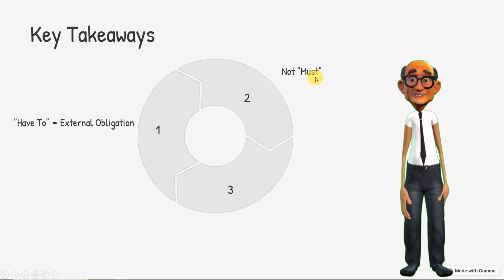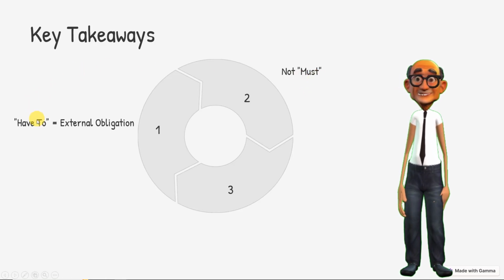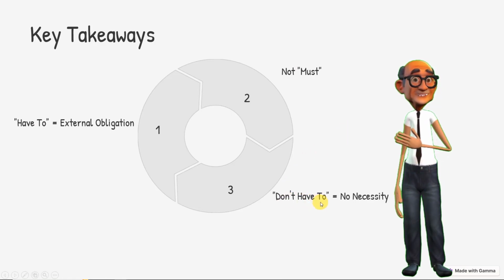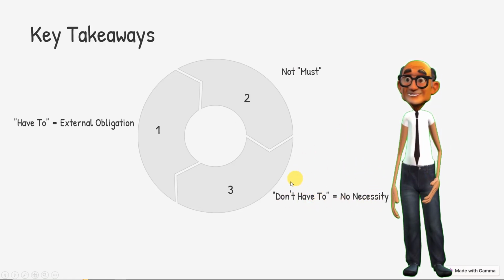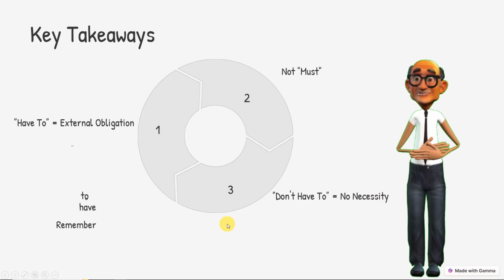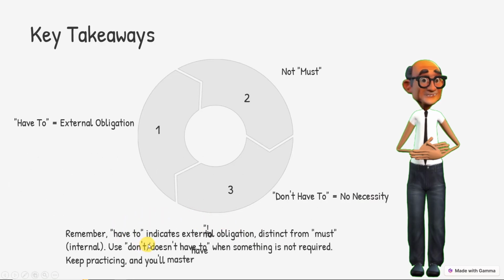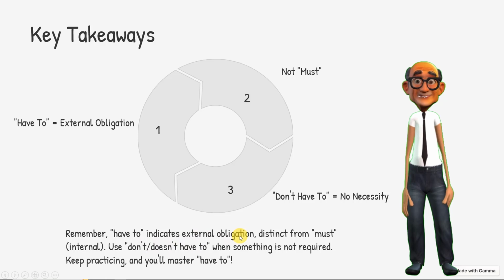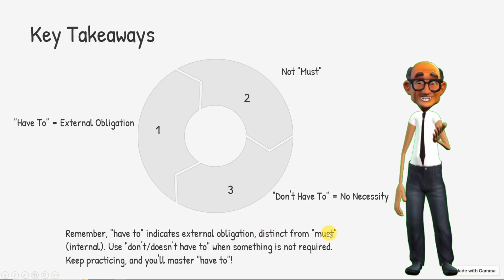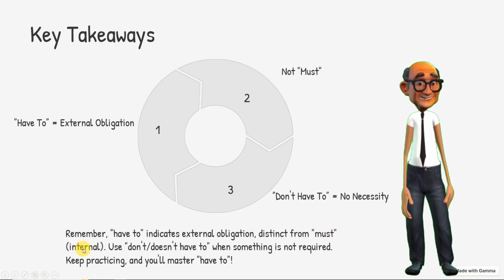It isn't a must. There's a very big difference between must and have to. Don't have to, no necessity to do it. Righto, guys. And of course, remember, have to indicates external obligation, distinct from must, which is internal, right? Must is everything internal, and have to is external. That's the main big difference between the two.